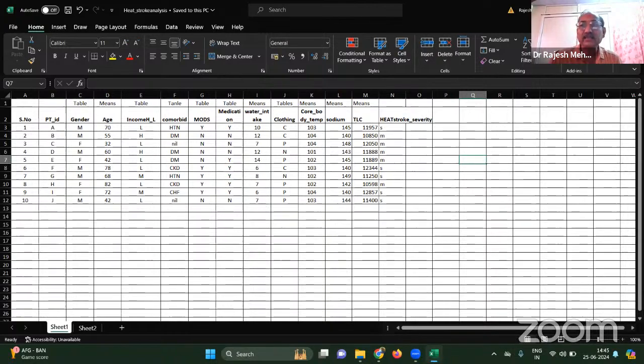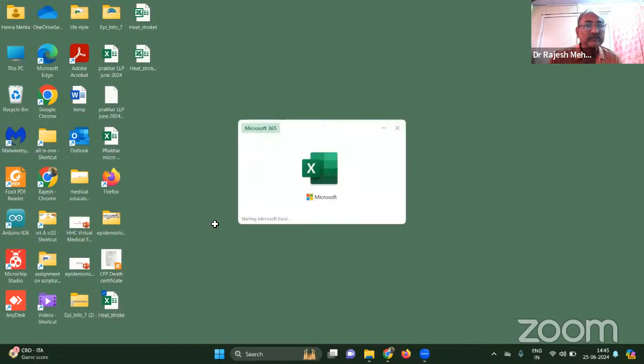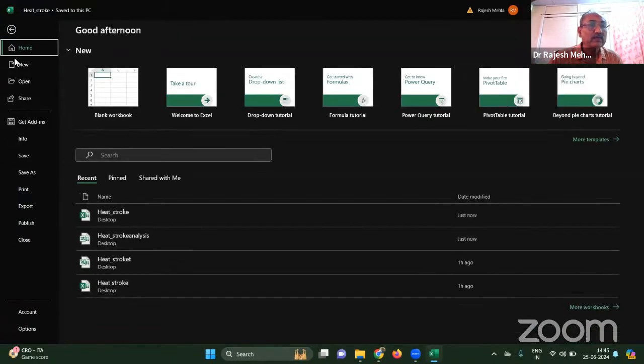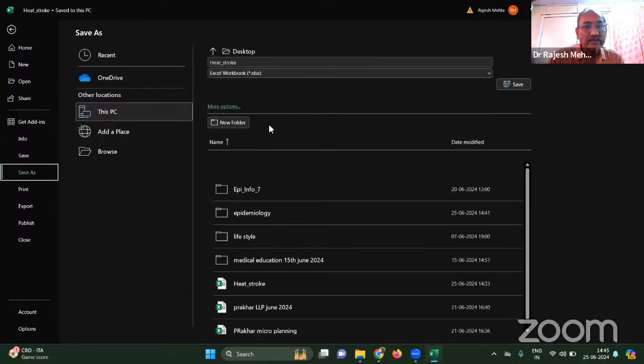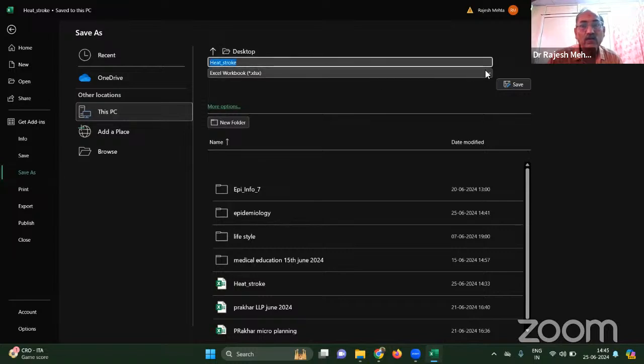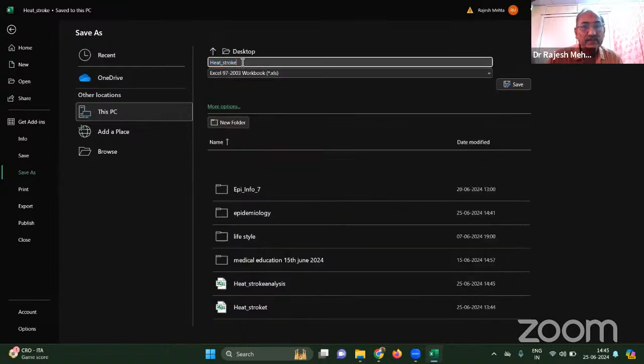Now you can see that this is a file, analysis purpose, saved somewhere. Just a minute. Save as, lower version XLS for analysis purpose.